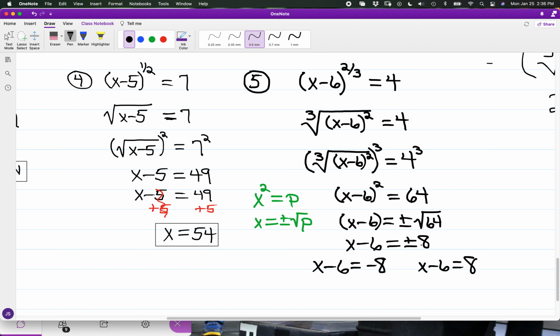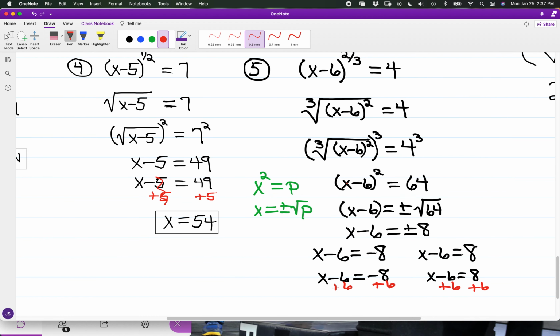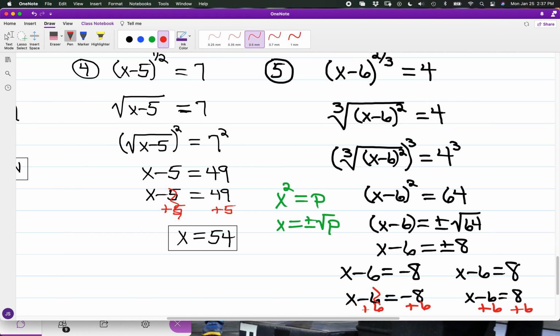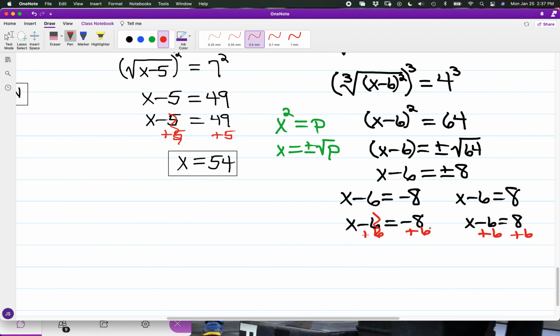So we have x minus 6 is equal to plus or minus 8. Okay, so with x minus 6 equal to negative 8, if I isolate the x, adding 6 to both sides, we have that x is equal to negative 8 plus 6.